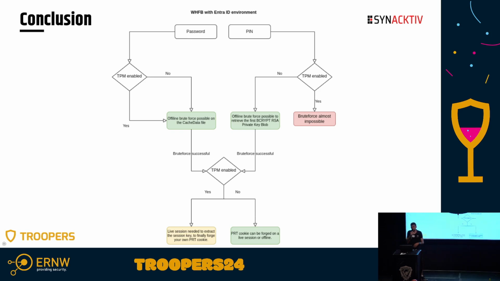Of course, it's PBKDF2 with 10,000 rounds, and we still need to implement it in John the Ripper, but it's a work in progress. So you will be able to do an offline brute force. And after that, you could use the PRT to access Entra ID with a lot of tools to do that. ROADrecon is one of them.